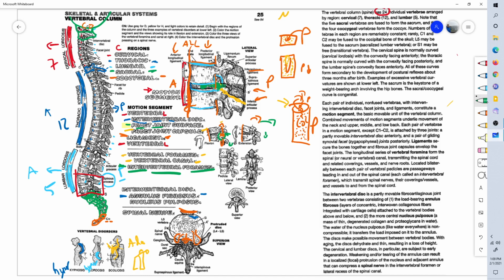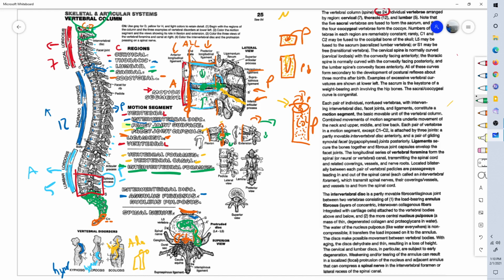You cannot push water down. Gases you can compress, certainly, but you cannot press down on water. And as I told you, the disc has this center, this nucleus pulposus is filled with water, a protein, carb, water substance called proteoglycans, but it's very watery. And if you try to compress it, certainly it can squirt out the side like here.